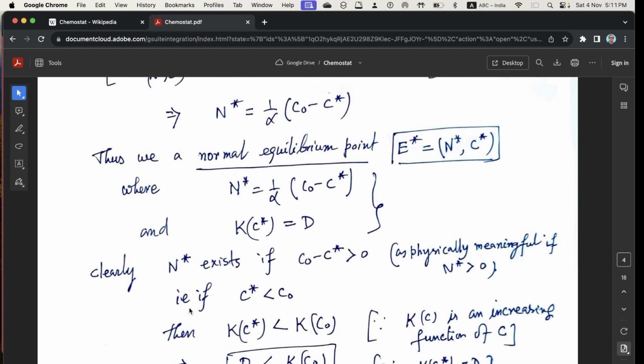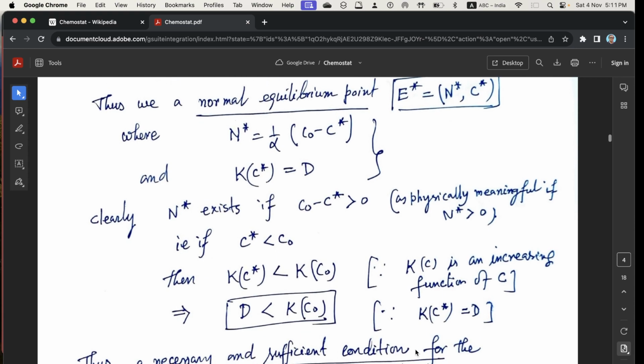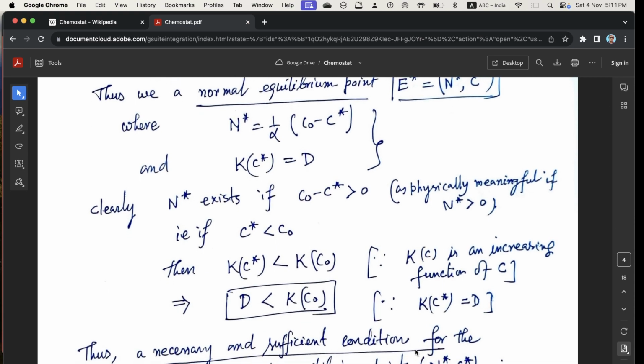Obviously, N star exists, that is feasible, physically meaningful, if N star is positive, that is if C0 - C star is positive, that is if C star is less than C0. Then K(C star) is less than K(C0), because K(C) is an increasing function of C. Obviously, K(C star) equals D, then D is less than K(C0).